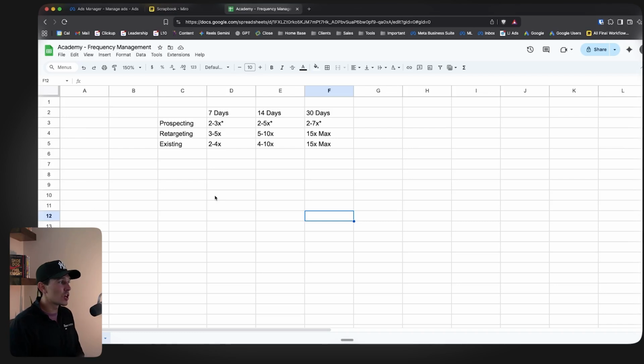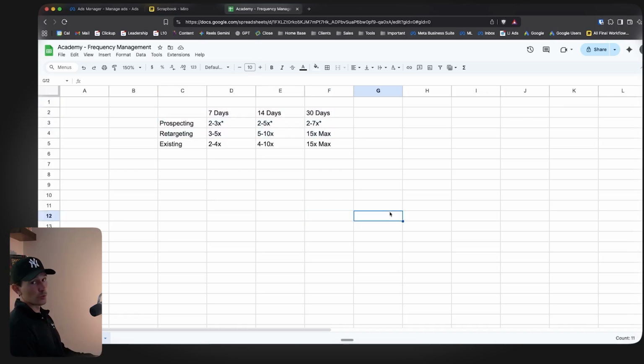So they might even show an existing customer ads literally 2-3 times per day and have frequencies of 60, 70, 90 plus. And small brands are usually the victims of this more than anyone else because their retargeting and retention pools are much smaller, right? You have fewer existing customers. You have fewer people that have visited your site and therefore fewer people to retarget.